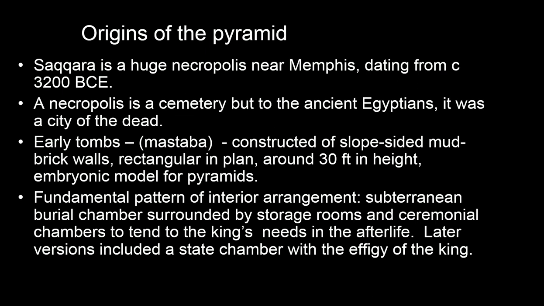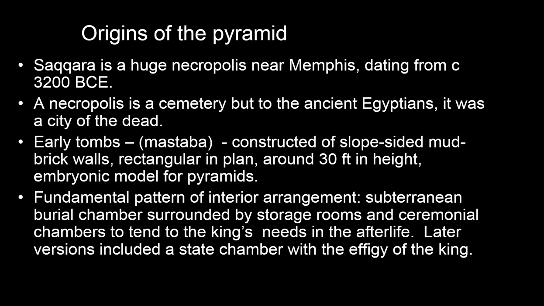It's actually a Greek word, not Egyptian. But a necropolis is essentially a big giant cemetery, a civic cemetery. But to the Egyptians, they thought of it as a city of the dead, because the dead were transformed into the gods. They were transformed into the heavens.